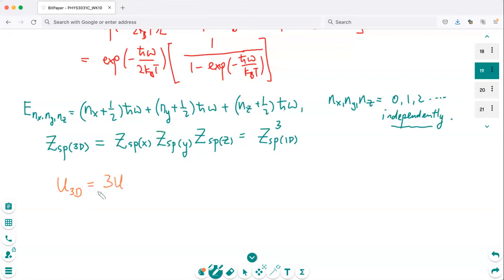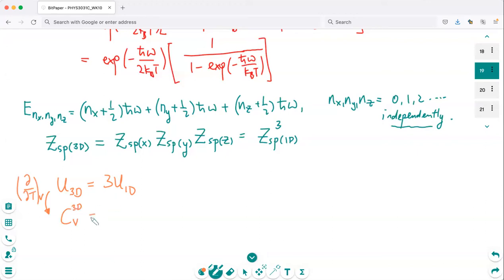So the claim is this. The internal energy for the system I want is related to the internal energy of the simpler system, a 1D system, multiplied by 3. So again, I can live in 1D and then just be careful of the constant multiplier. And if I take the derivative with respect to temperature, I will get my C_V in 3D like this.